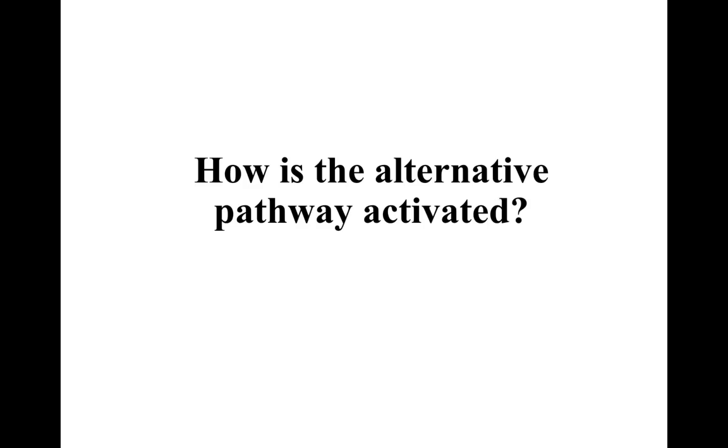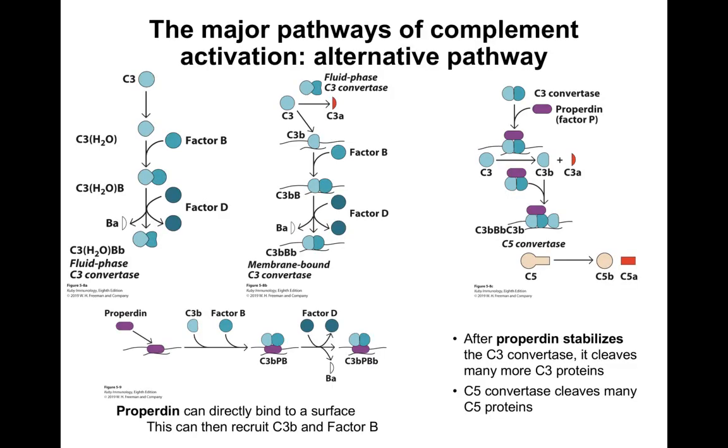How is the alternative pathway activated? There are a few ways that we looked at. There can be a fluid phase or a membrane-bound phase, and both of them have this spontaneous change that occurs in C3. With this spontaneous hydrolysis, C3 can combine with factor B. Factor B can be cleaved by factor D, giving you C3 with big B, little b, which becomes a C3 convertase.